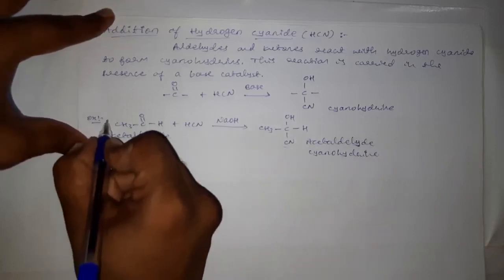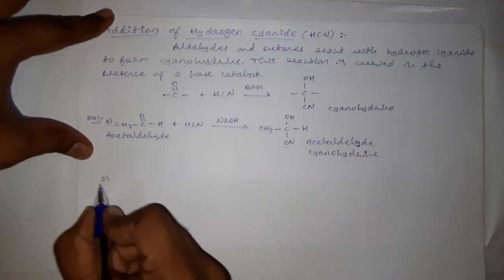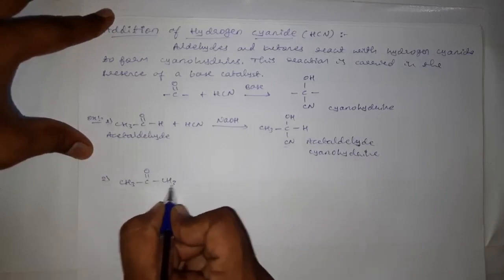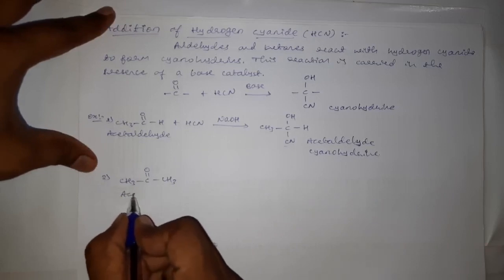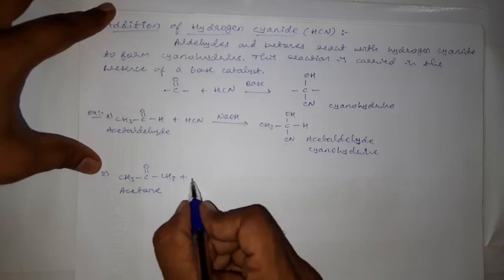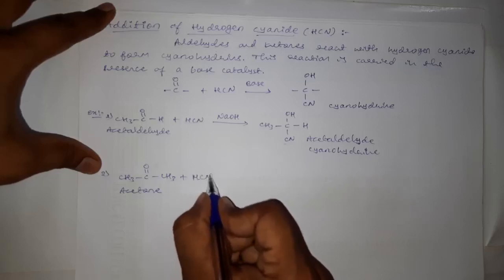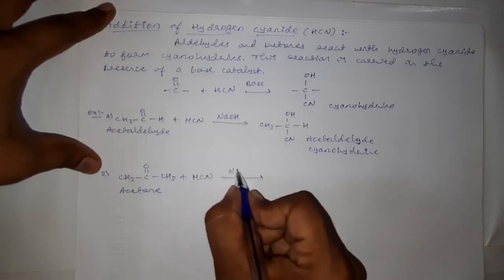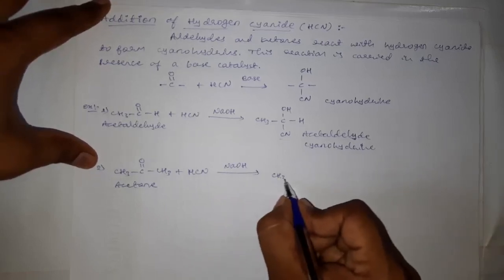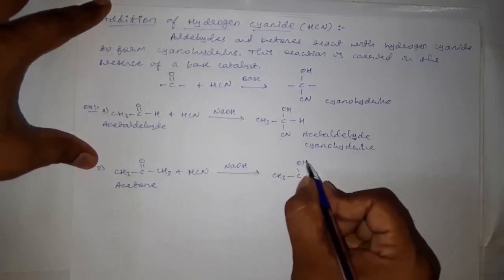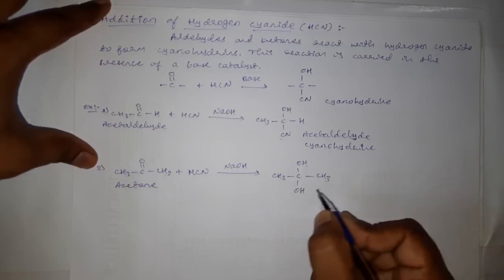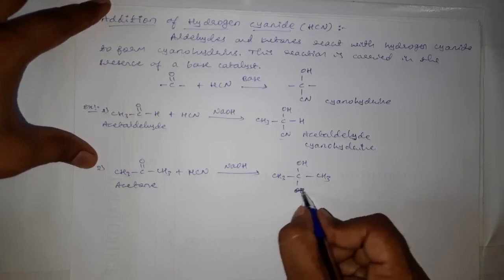We can take another example, a ketone of the type CH3 C double bond O CH3, that is acetone. When treated with hydrogen cyanide in the presence of NaOH as a base, we get CH3 C(OH)(CN) CH3.